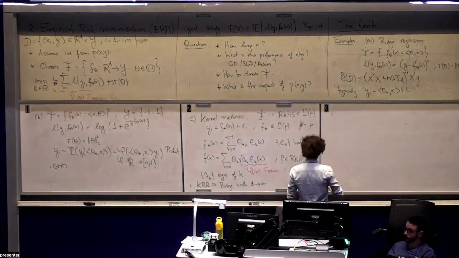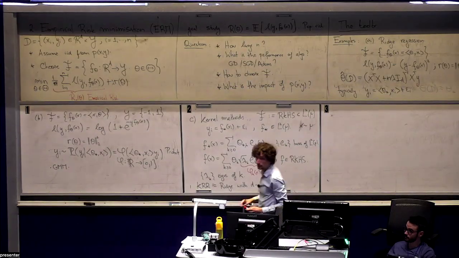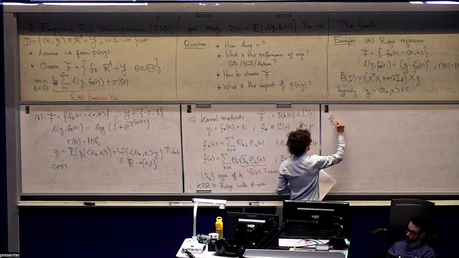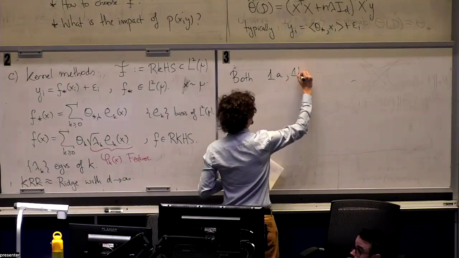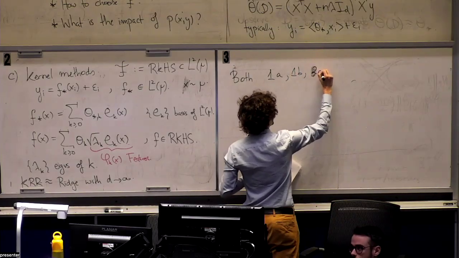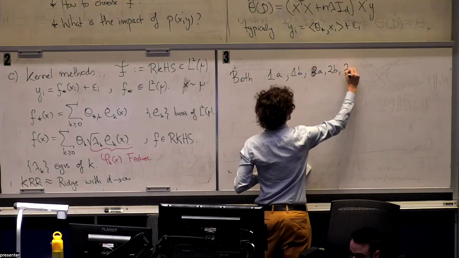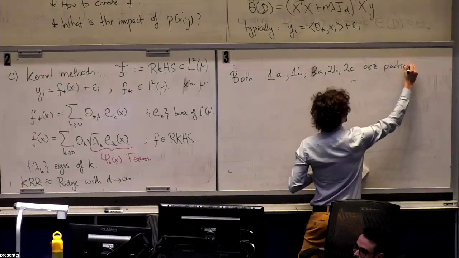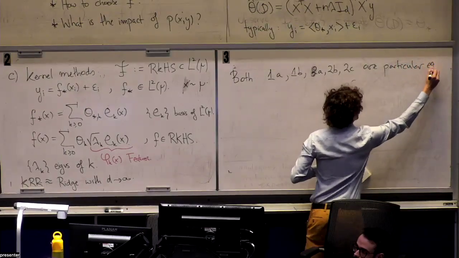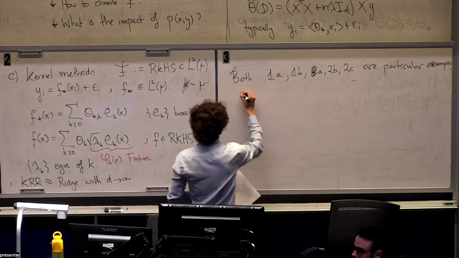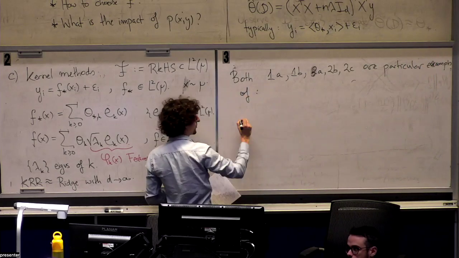So all of these models, 1A, 1B, and 2A, 2B, and 2C, are particular examples of the problem of studying the following.